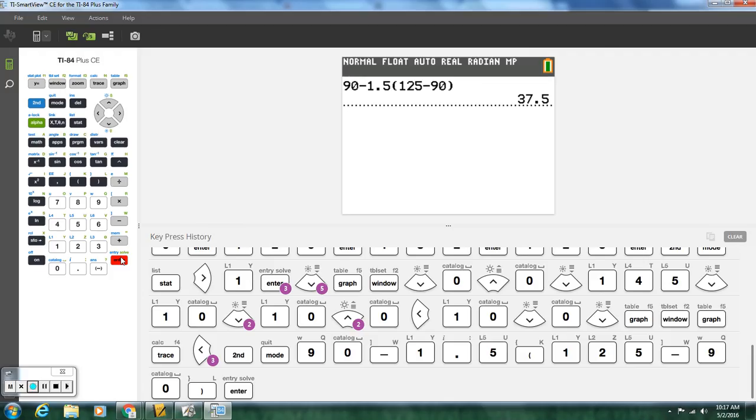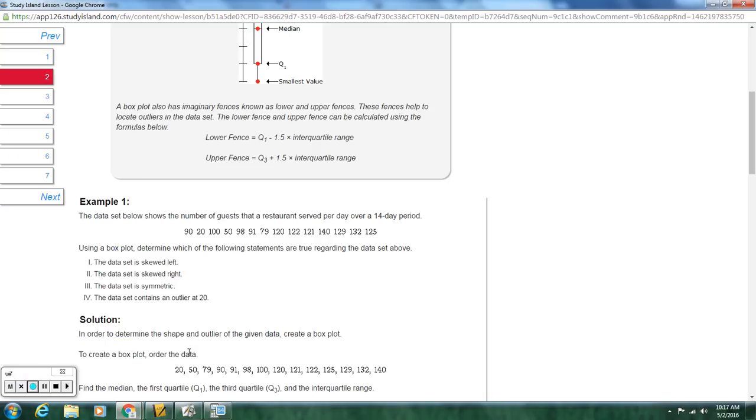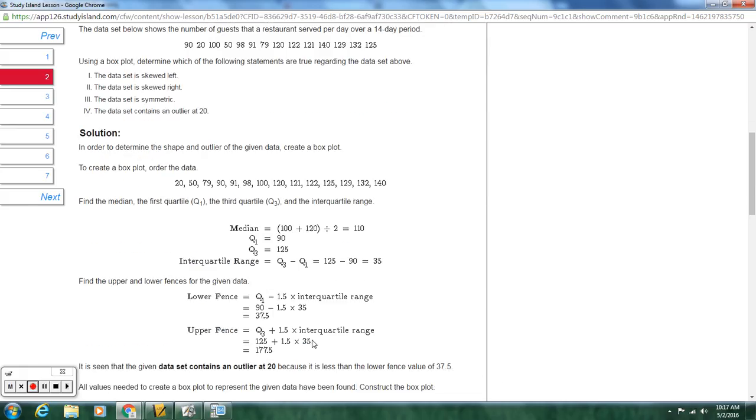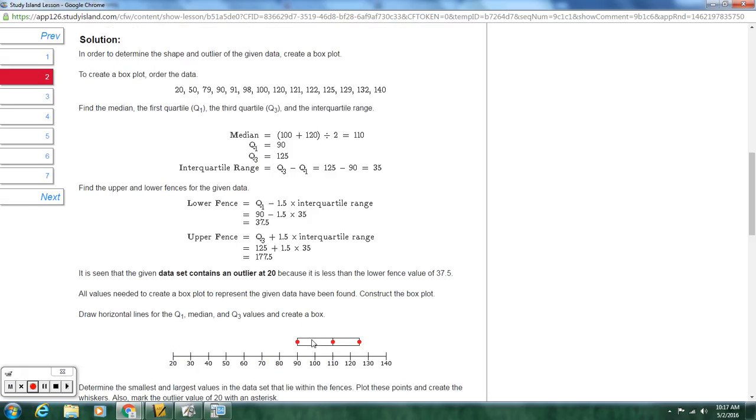So is 20 an outlier? Yeah. Going back here, when it asks if 20 is an outlier, they go through all of this business, but the calculator does it for us, which is even better. It says the given data set contains an outlier of 20 because it's less than the lower fringe value of 37.5.